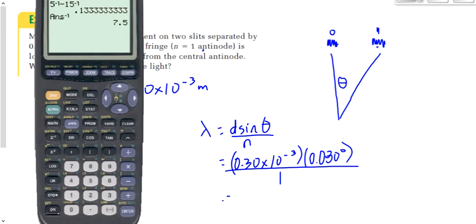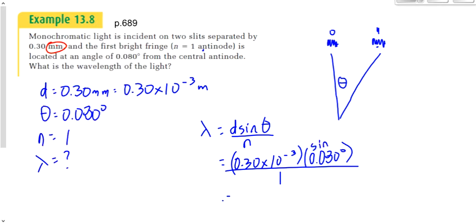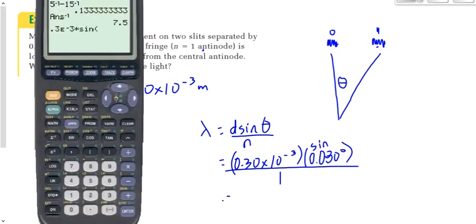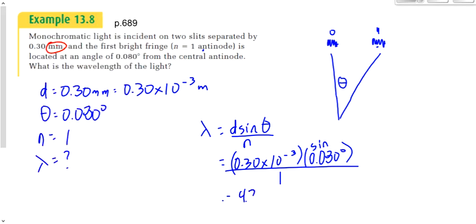We get 0.3 times 10 to the minus 3 times sine. Sorry, that's not 0.080. It's sine of 0.080. And we divide that by 1. We get 4.2 times 10 to the minus 7. That's the wavelength of the light that was used here.